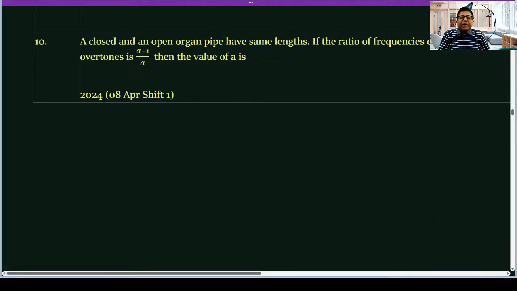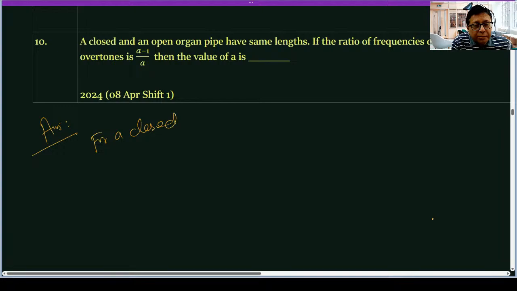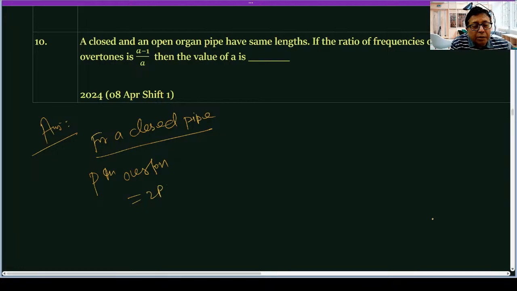You need to remember the expression for the overtone in a closed pipe and the overtone in an open pipe. For a closed pipe, it is (2P plus 1) N0.